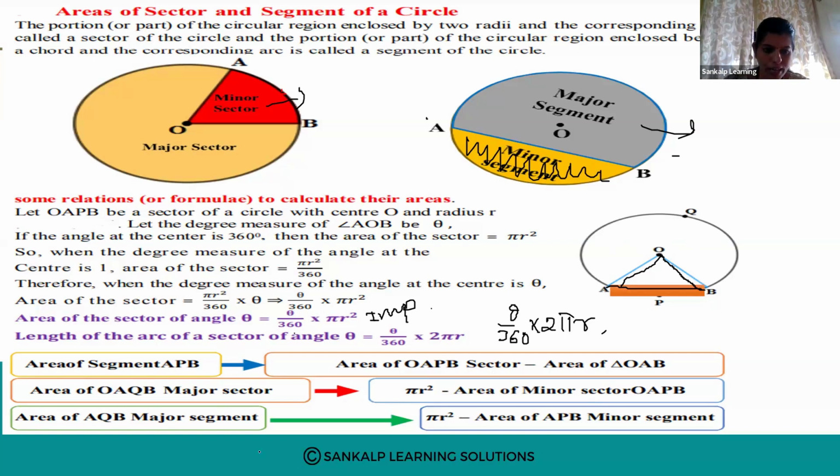Next, area of AQB, major segment: pi r square minus area of APB minor segment. Then we will get the area of the major segment A to B. So this part is a major segment.